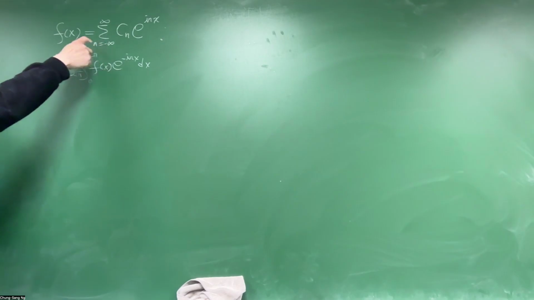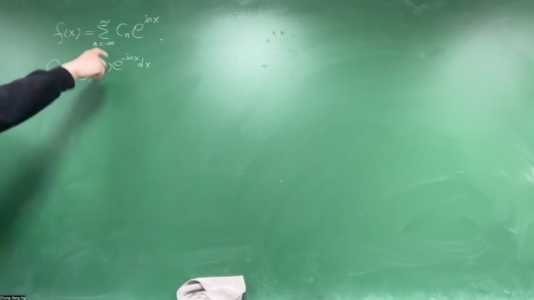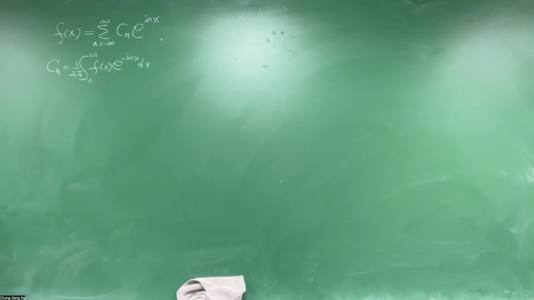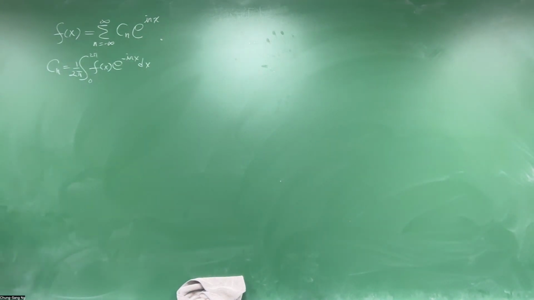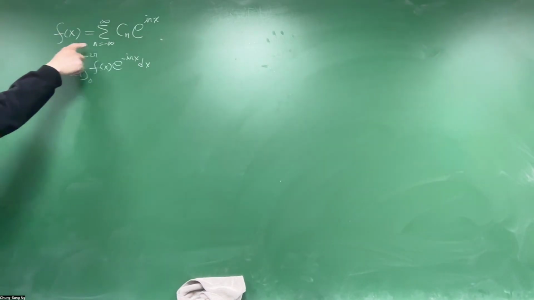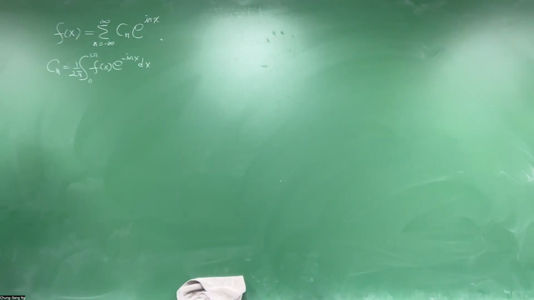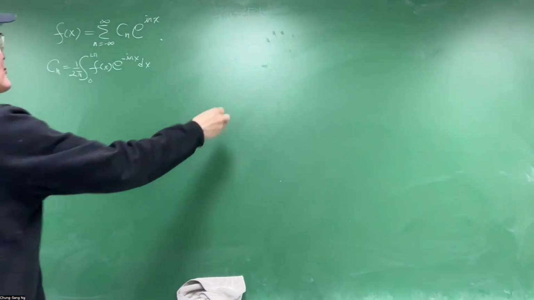Last time we just proved it by substituting this into that and doing the integral. Right. And now there are several things we can talk about. The first thing: you can find the relationship between the coefficients of the complex series and the original sine and cosine series by just direct comparison.